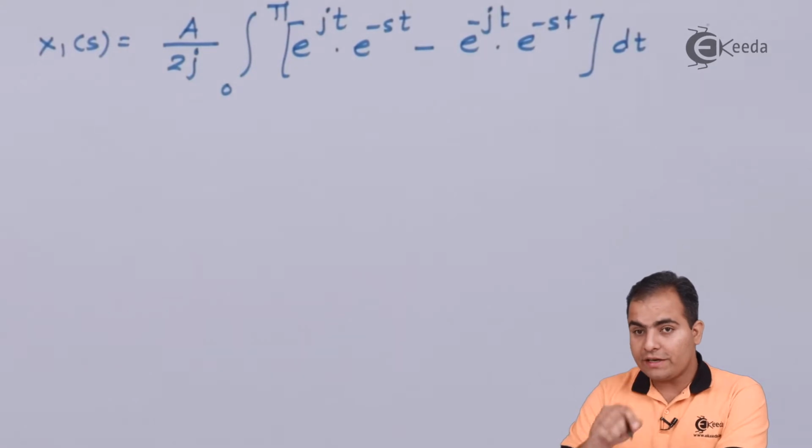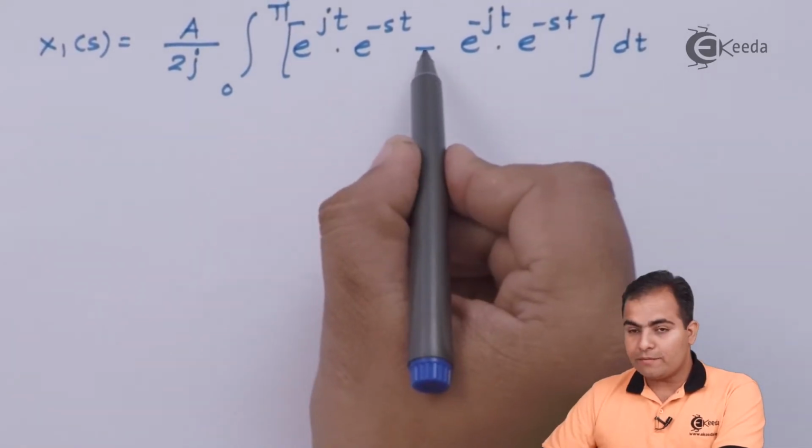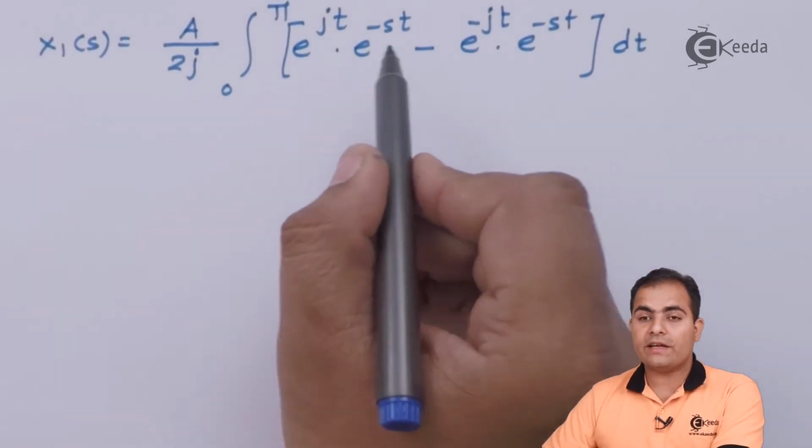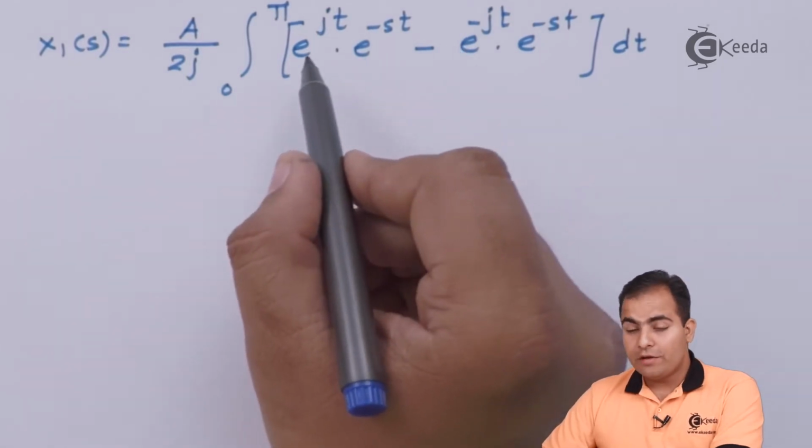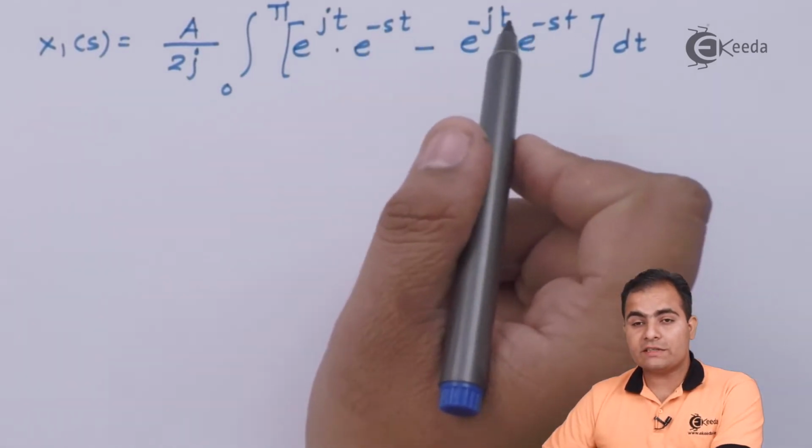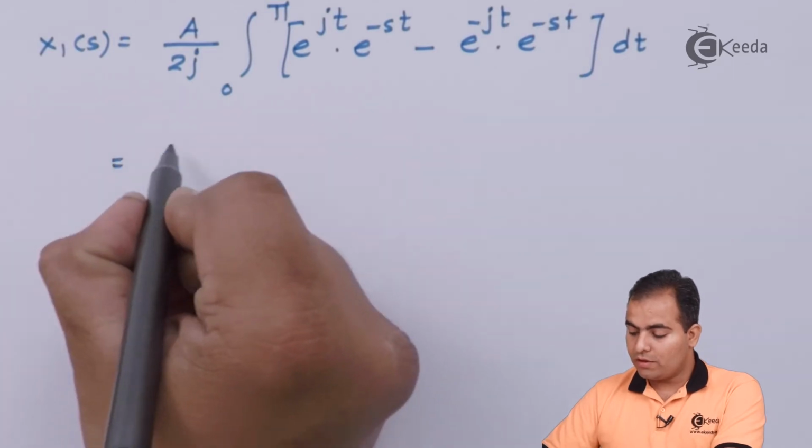According to the linearity property, if we have a minus sign between two functions, we can split this integration, or apply the Laplace transform to both separately.